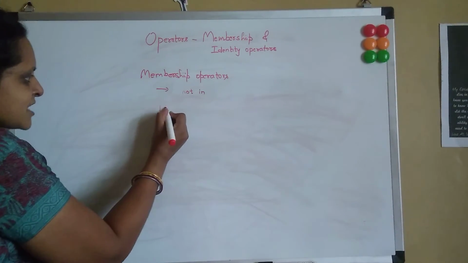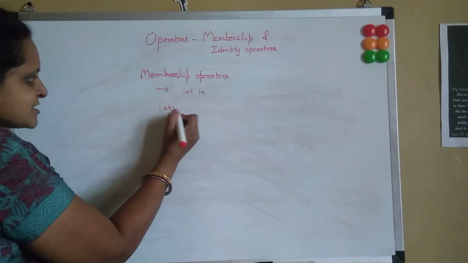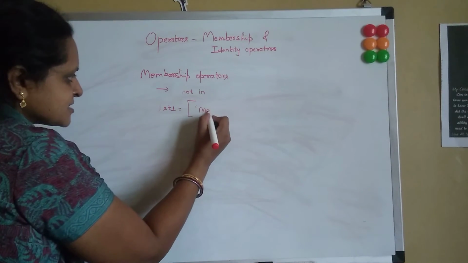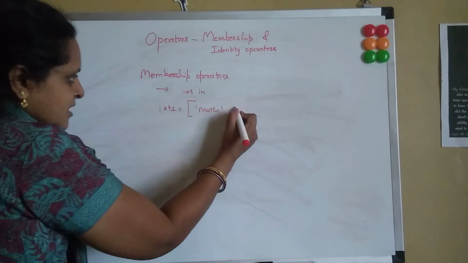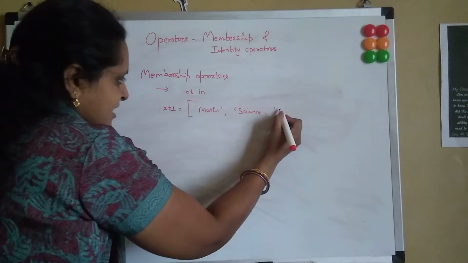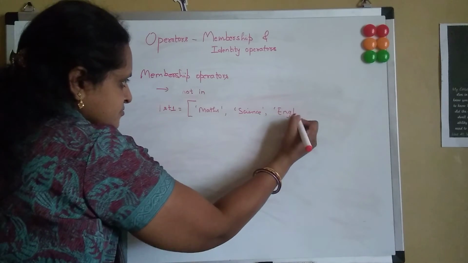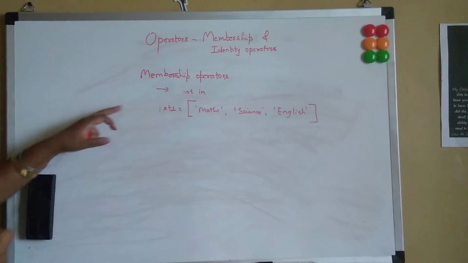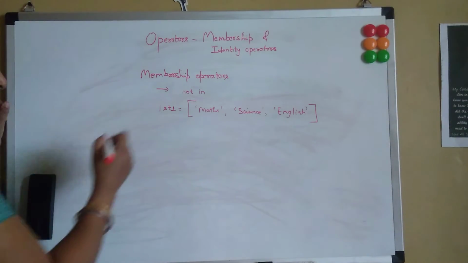Now let's take one more example. LST1 equal to a list having maths, science, English. So my list is having maths, science and English.